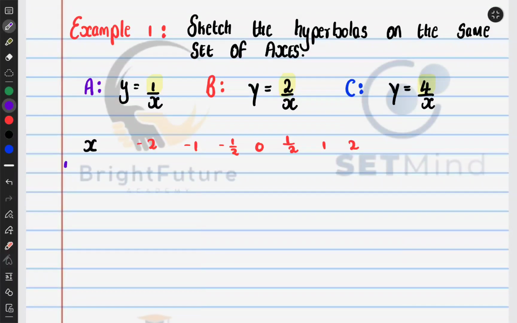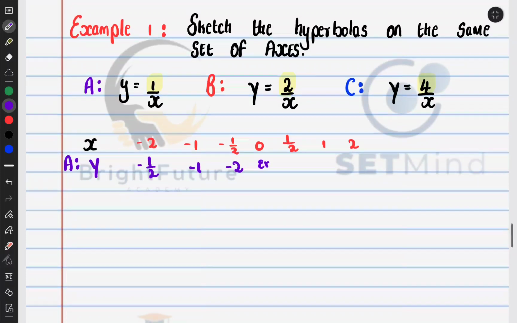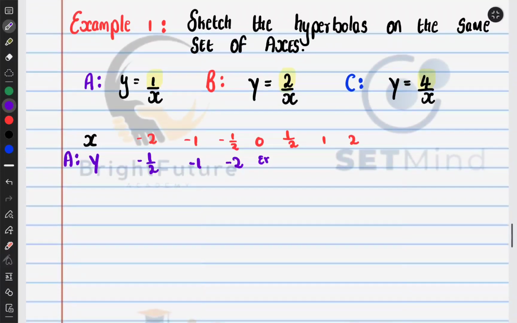For a, the corresponding y values: 1 over -2 will be -1/2. 1 over -1 will be -1. 1 over -1/2 will be -2. For 0, that will be an error. Then 1 over 1/2 will be 2, 1 over 1 is 1, and 1 over 2 is 1/2.